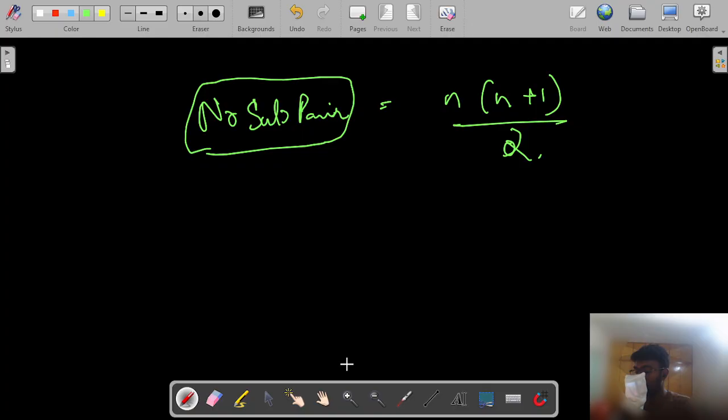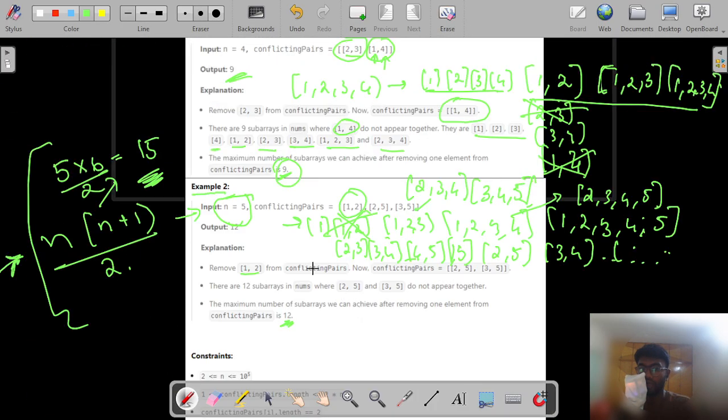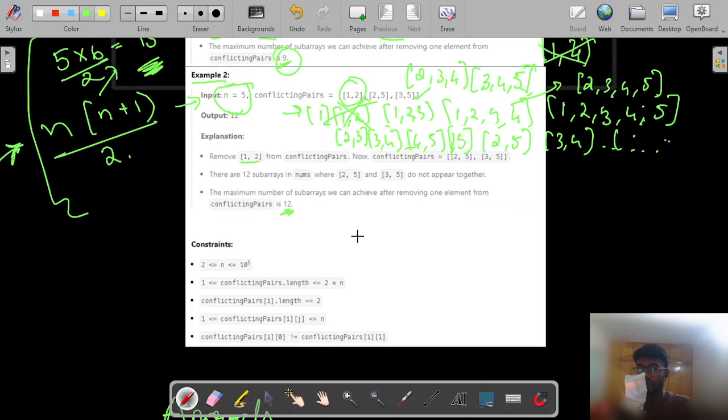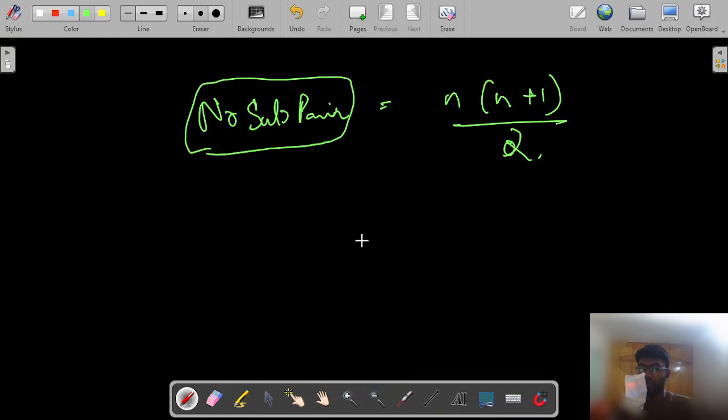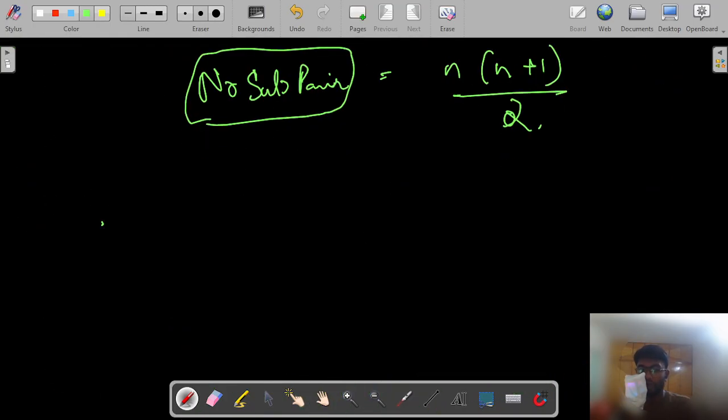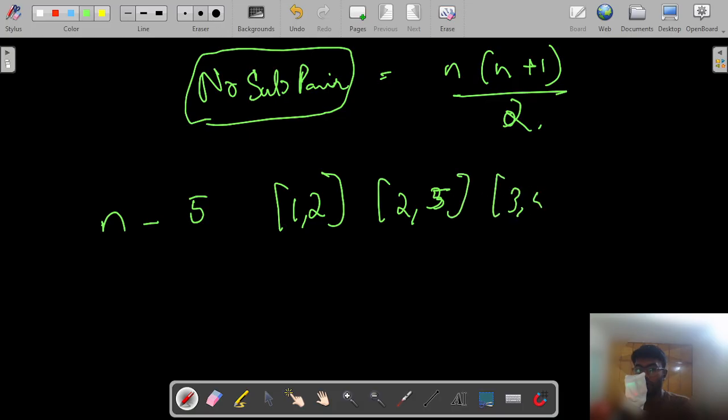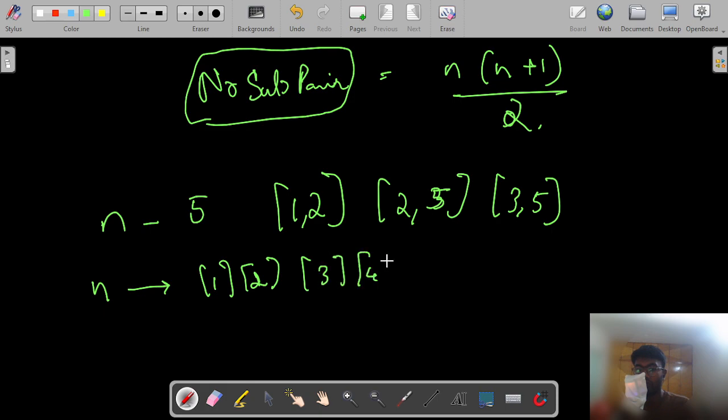Let's say, for example, let's consider this example only. n equals 5, with conflicting pairs 1 2, 2 5, 3 5. These are the conflicting set of subarrays. So for n equals 5, we would be seeing this set of numbers, 1, 2, 3, 4, 5.